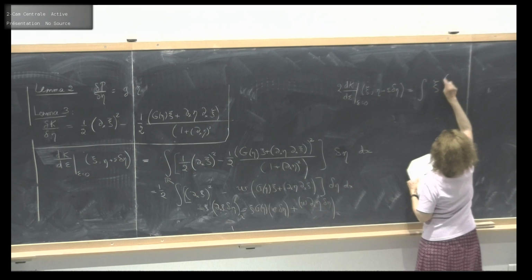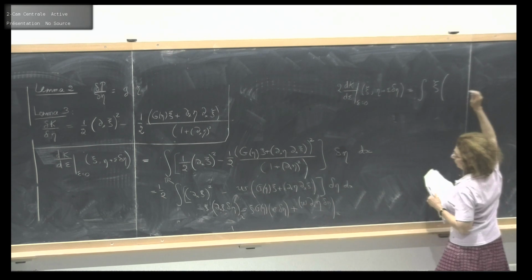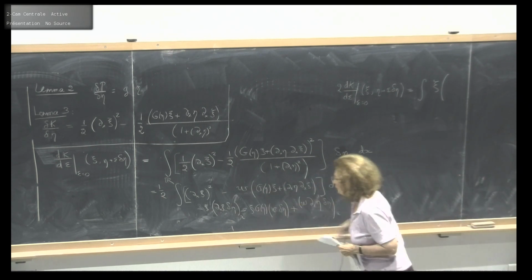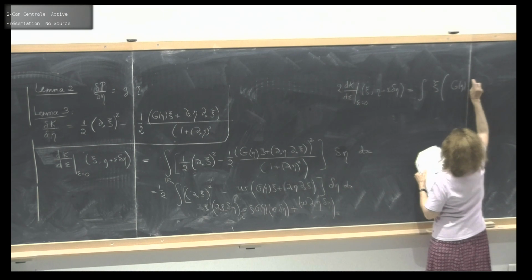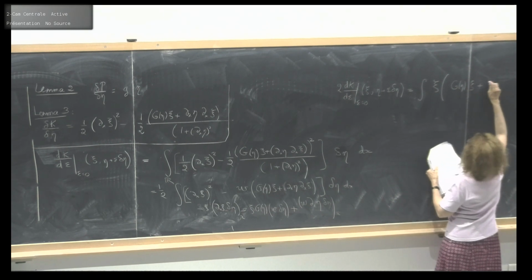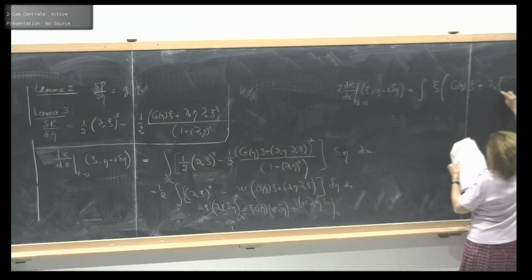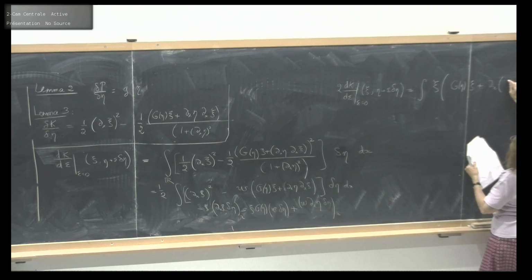Xi, and I have to put all these, so what do I have? G eta xi, and I have plus dx, that's exactly W dx eta.